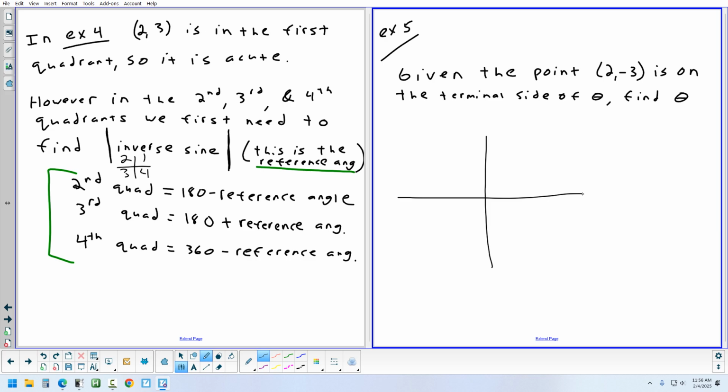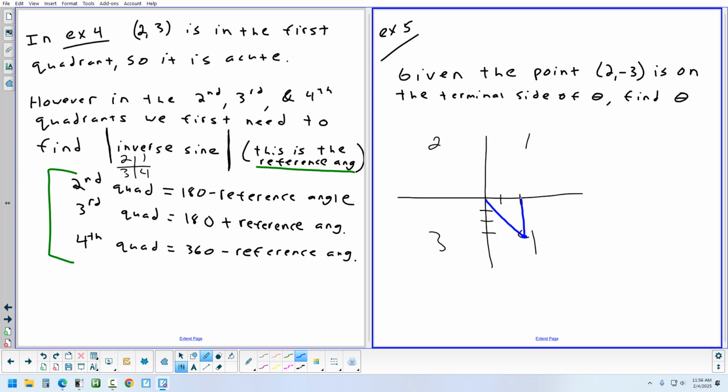It's right 2, down 3, so it's in quadrant 4. Right? So go right 2, down 3. Put your point.